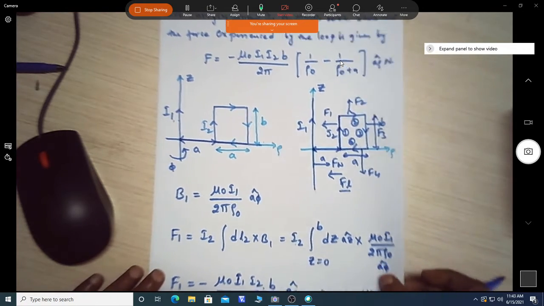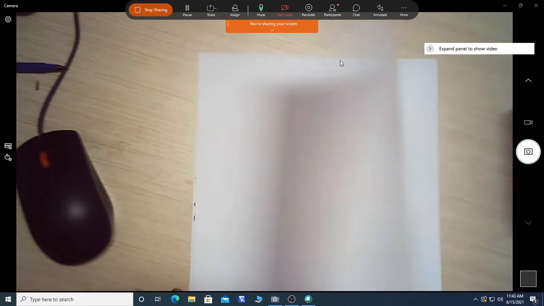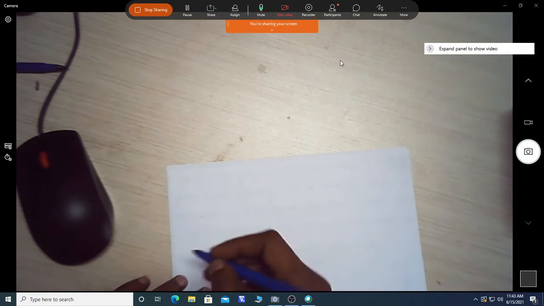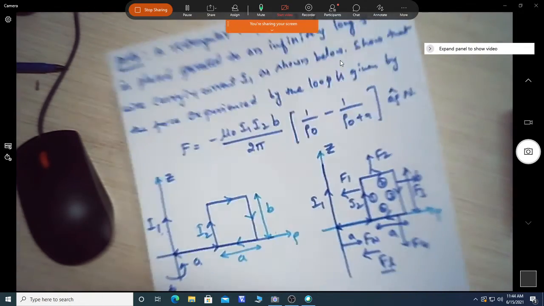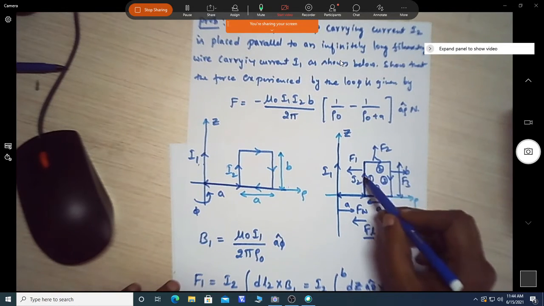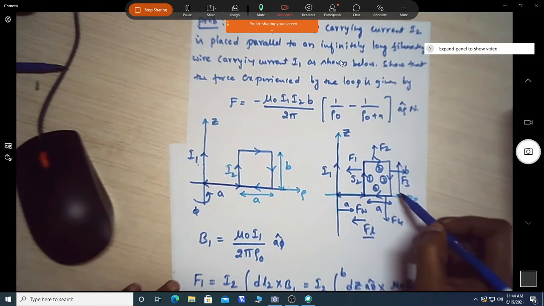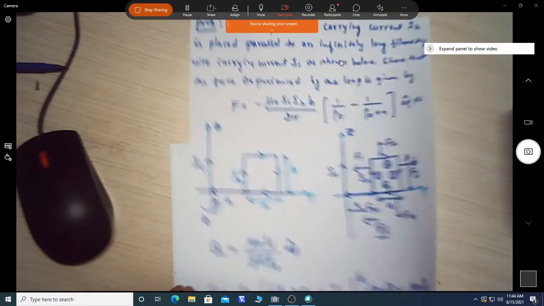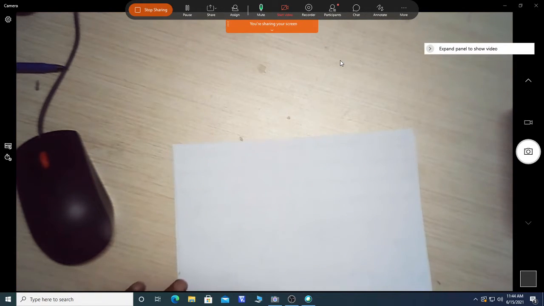Okay. So now similarly, we can calculate the force on the loop 2, where we have F3, because it is F1 and F3 which are opposite in nature. Okay. So for F3, from B to 0 we can calculate. So first we will calculate what is F3.